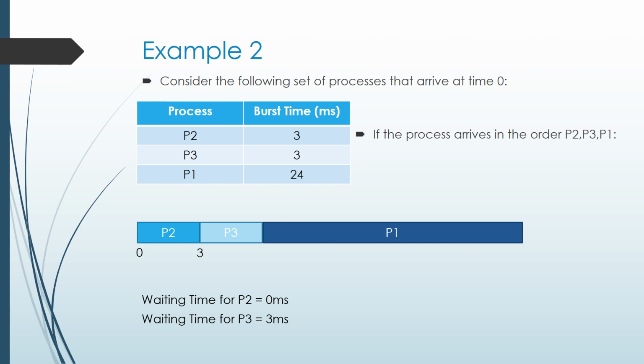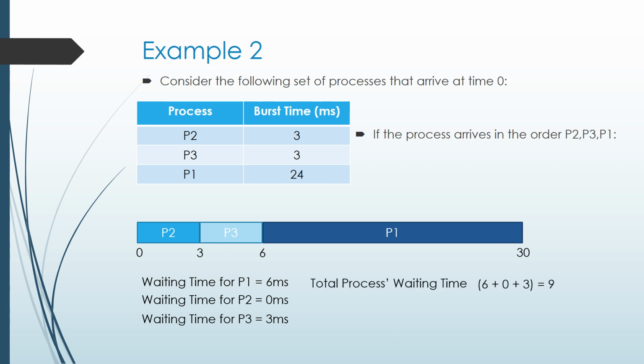When P1 arrives, the waiting time for P1 is 6 milliseconds because P2 and P3 have a burst time of 3 milliseconds each. So P1 has to wait 6 milliseconds before it will be accommodated by the CPU. Still, since the burst time of P1 is 24 milliseconds, we have a total time of 30 milliseconds.